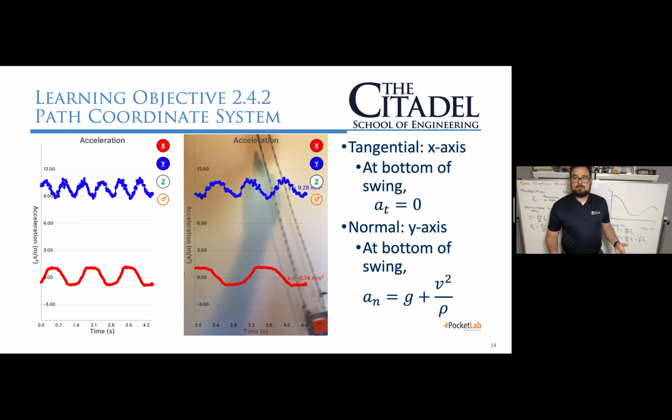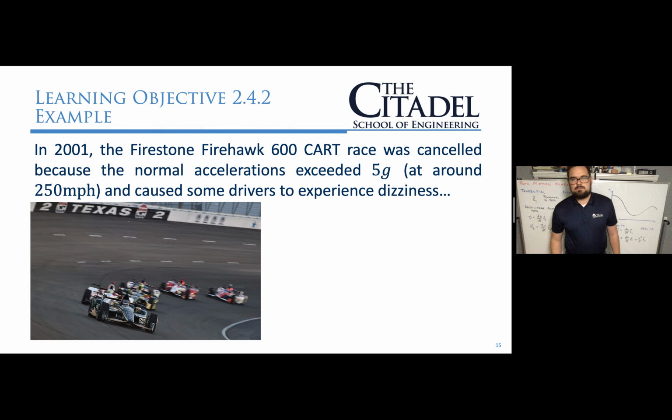Now, this comes into play in a whole host of applications, and one of my favorites is the Texas Motor Speedway. It's a NASCAR race, and NASCAR goes at a little over 200 miles an hour at the top. Texas Motor Speedway was built with some very large banked curves so that those NASCAR cars could stay at close to their maximum speed through the turn.